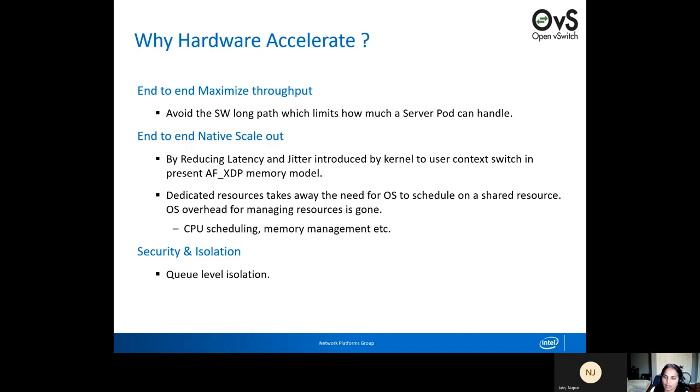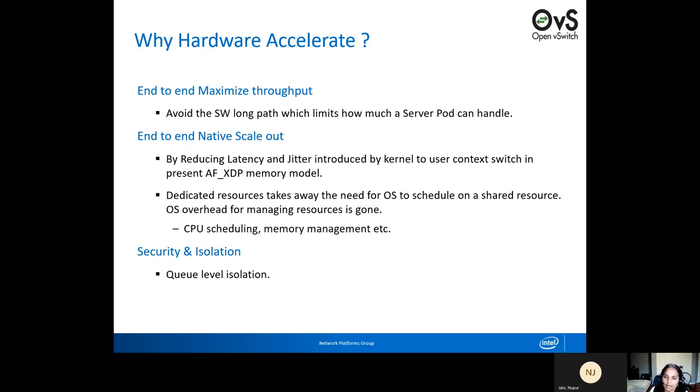So the most important question that arises is, why do we need to hardware accelerate these interfaces? The reason to hardware accelerate container interfaces is to avoid latency and jitter challenges, which get introduced due to kernel to user space context switching, like in the present AFXDP memory model.